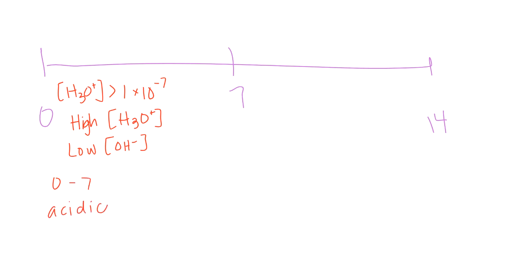7 we said was neutral. That's where our hydrogen ion and hydroxide ion concentrations are equivalent. And then we go to the other side, and we said here that if we have a hydronium ion concentration that is less than 1 times 10 to the negative 7, we'll see a low concentration of hydronium, which means we have a high concentration of hydroxide.